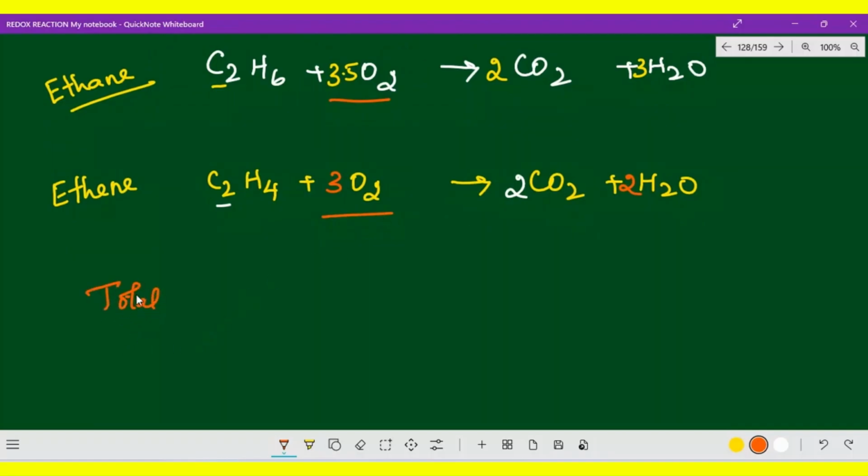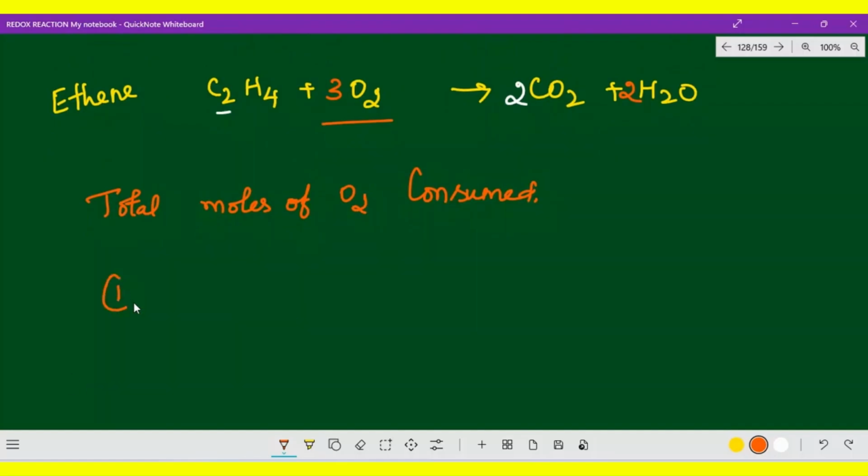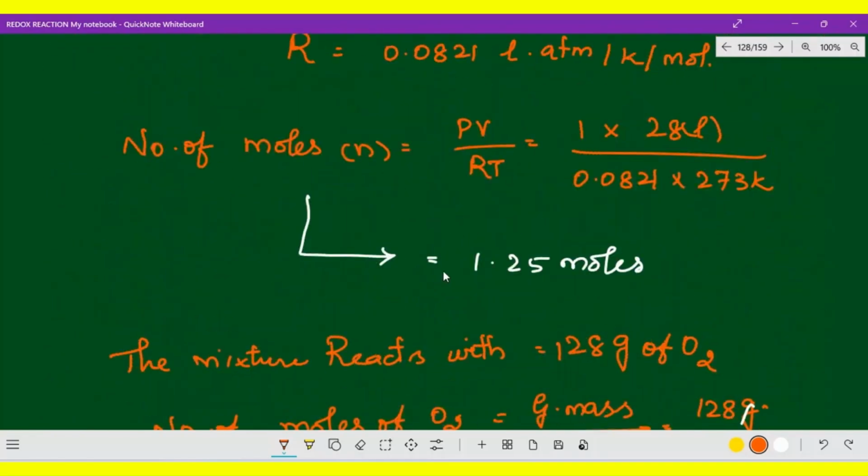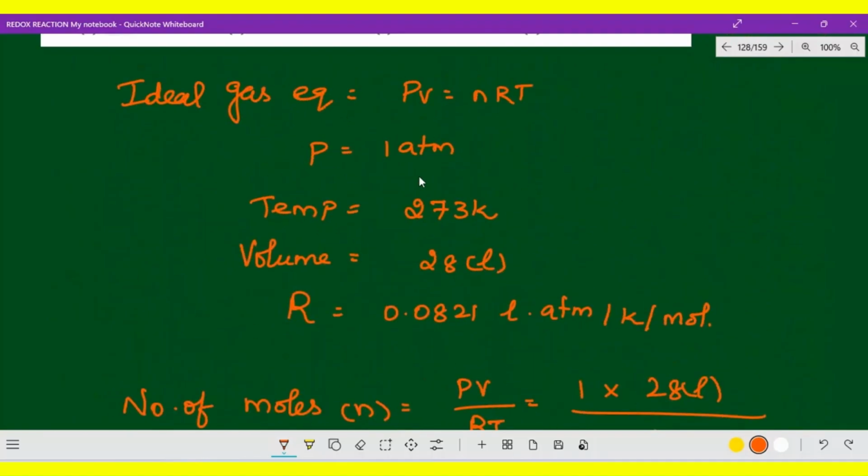Total moles of oxygen consumed. So for both the reactions, let us check. The first equation is X plus Y equal to 1.25 moles. How do we get this 1.25 moles? See here, we have calculated using PV equal to nRT for the gaseous mixture.